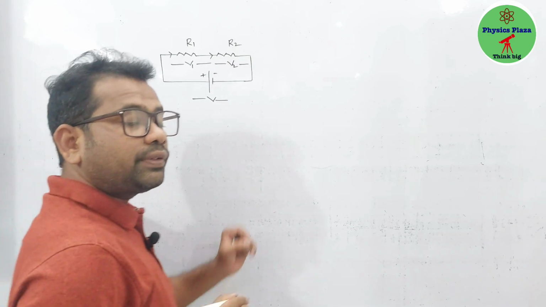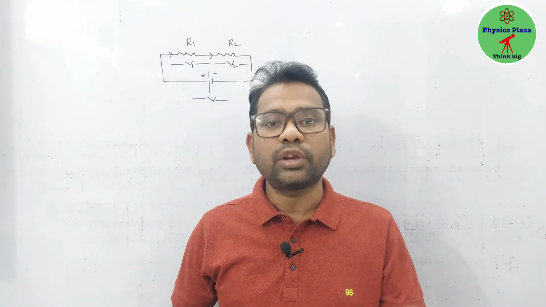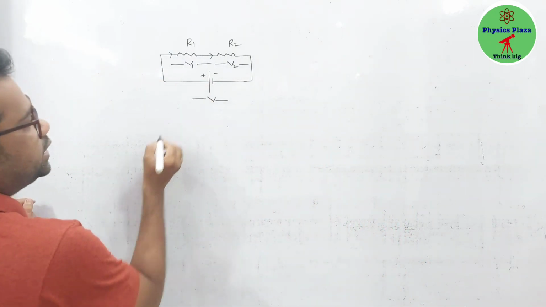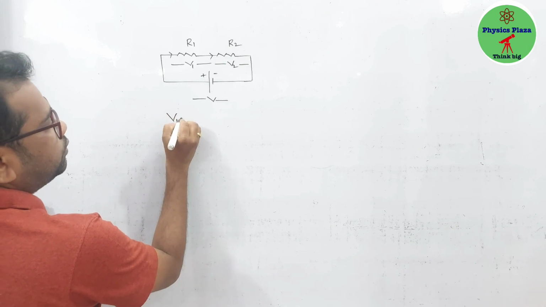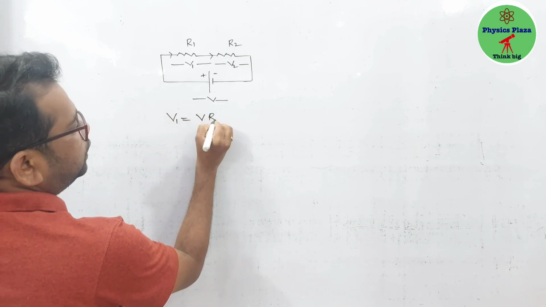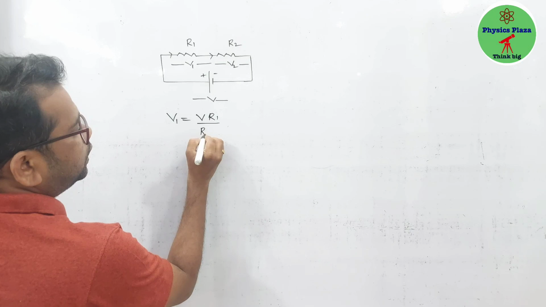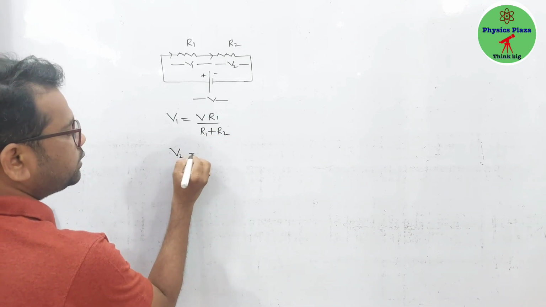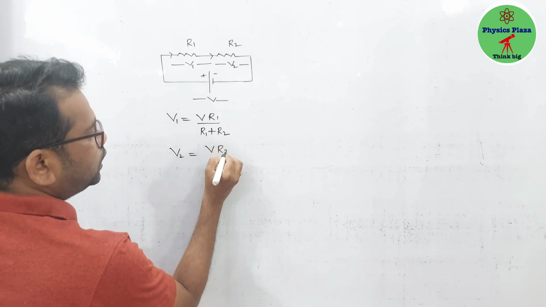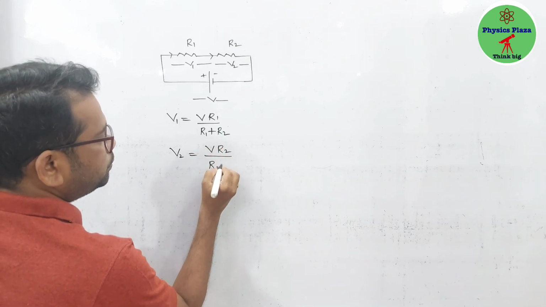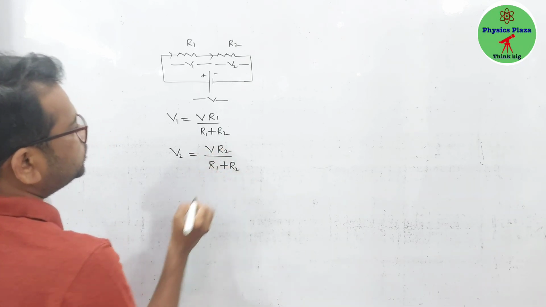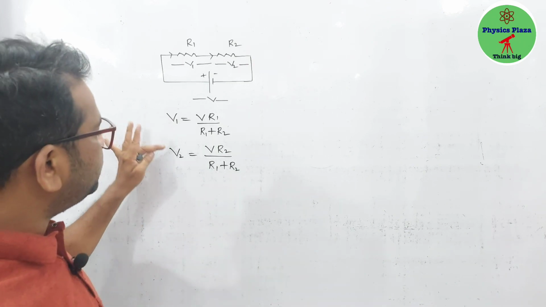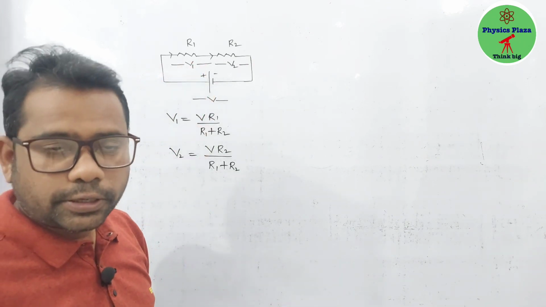In exam, they will ask us to calculate V1 and V2. So V1 is equal to V R1 by R1 plus R2, whereas V2 is equal to V R2 by R1 plus R2. This is how we can calculate the potential difference across each resistor.